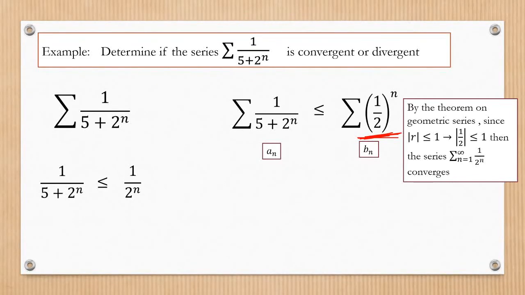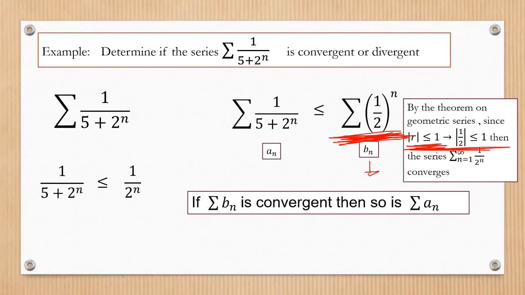And since the ratio is less than or equal to 1, 1/2 is less than or equal to 1, therefore, this given series converges. The series 1/2 raised to n is convergent. Therefore, bn is convergent. Okay?